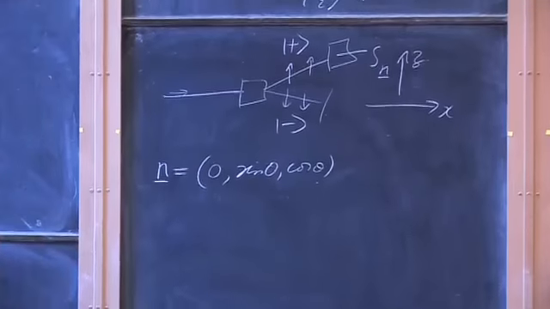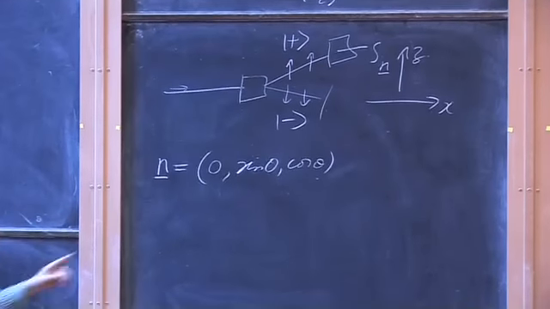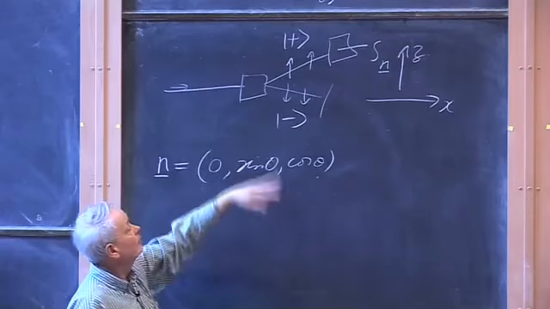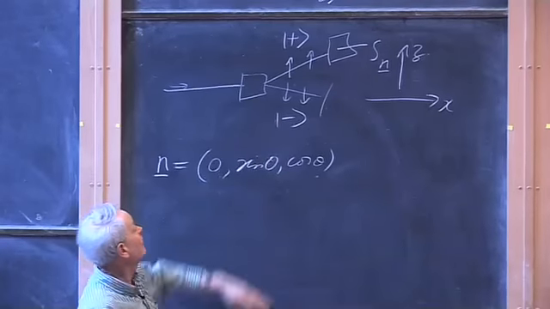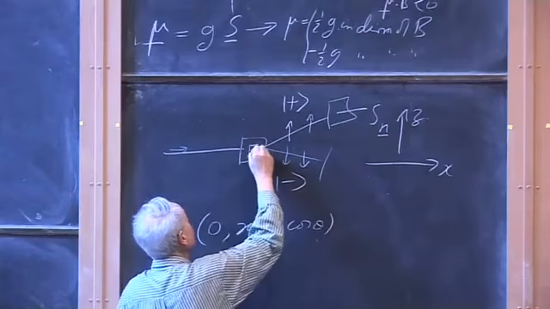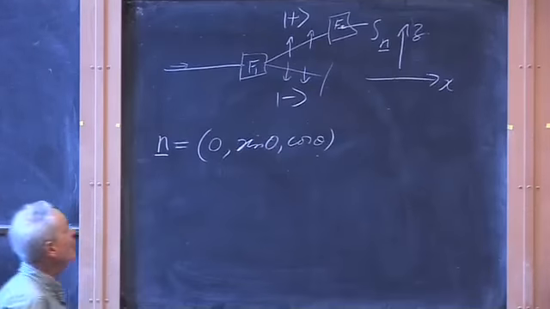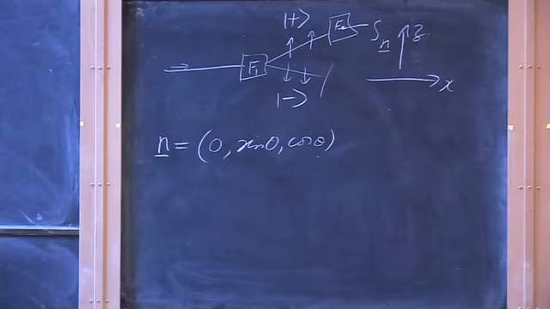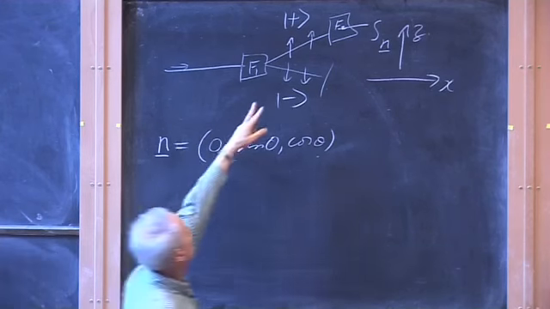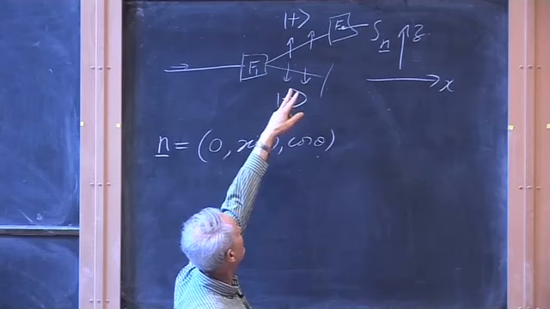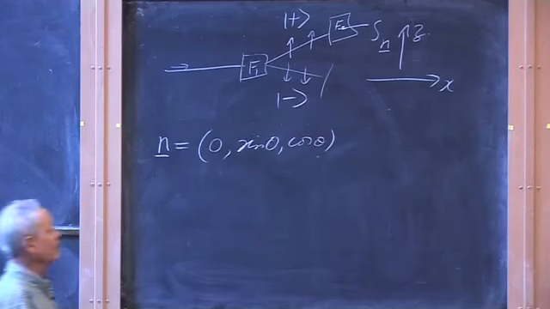And what we want to do is calculate which fraction of the atoms will survive, will get through the second filter. So this is the filter F1, this is the filter F2, and you want to calculate the probability that an atom gets through both filters. Or let's focus for the moment on the probability that an atom that has got through the first filter gets through the second filter.